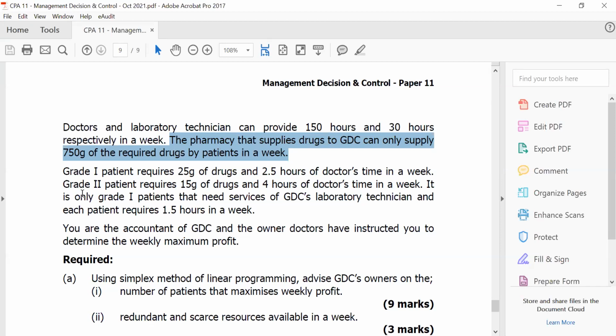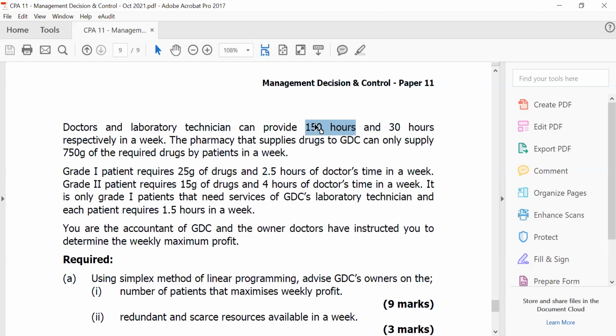So that is one area, the drug. Let's look at the doctors. So we are going to first look at the category of the doctors' time, in hours. The doctors can only provide up to 150 hours. So it means that the grade 1 and grade 2 patients have to fit within the 150 hours.